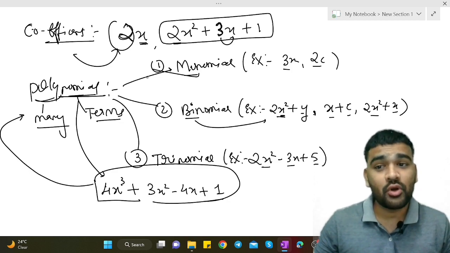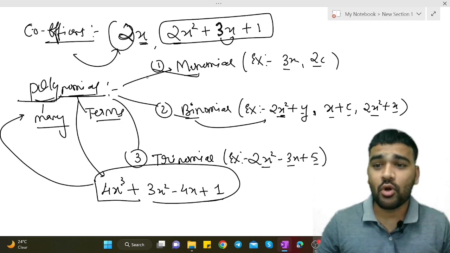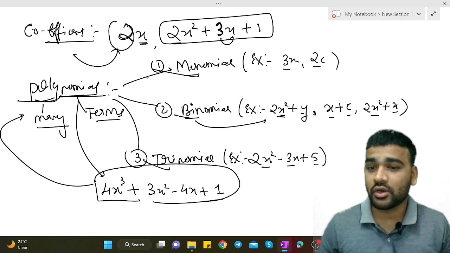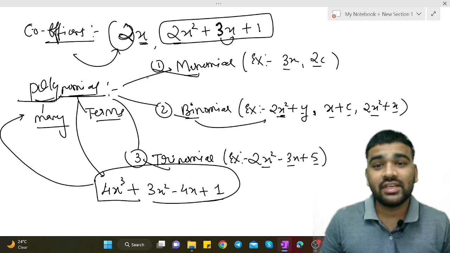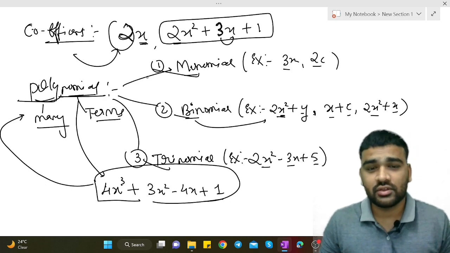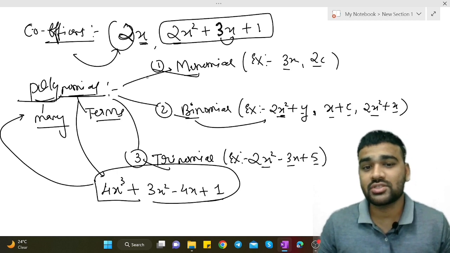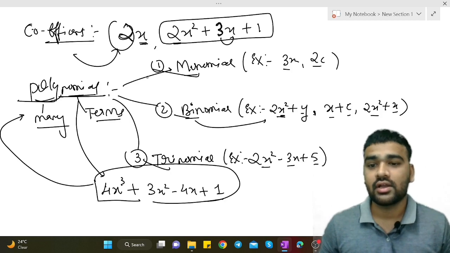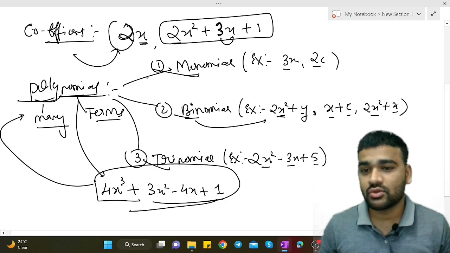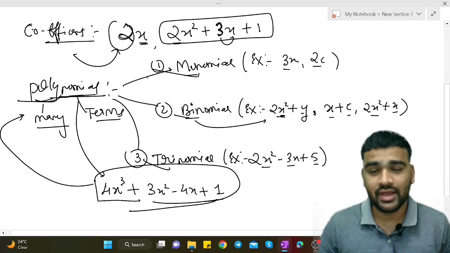So a monomial is also a polynomial, a binomial is also a polynomial, and a trinomial is also a polynomial. These only count the number of terms. Mono means one, and trinomial means three. If you have more than three terms, that will be a polynomial as usual.